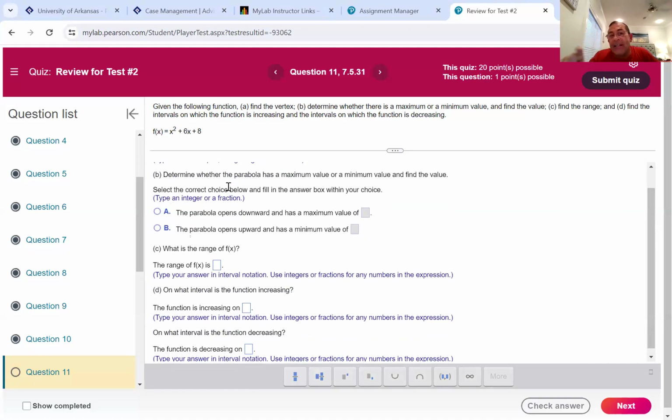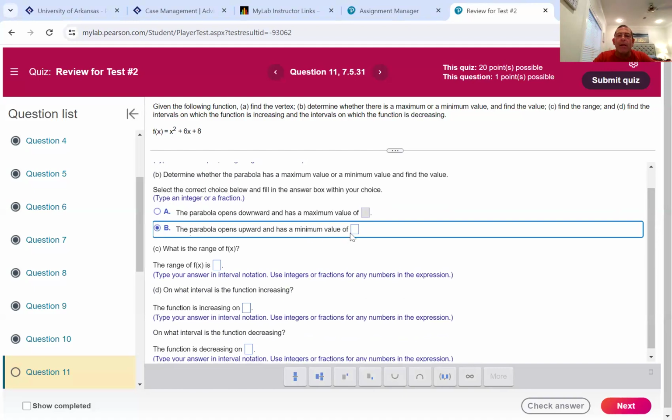Well, we said since the A was +1, we had a minimum. So positive was minimum, so I go with B. And then the minimum value is the Y value of -1. Now, don't let them mess you up because they didn't ask for the line of symmetry on this one. So remember, the min or max values are the Y values, okay?